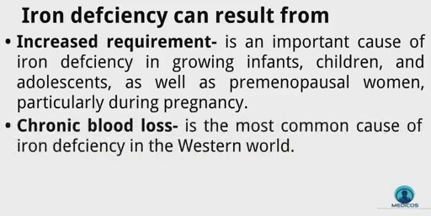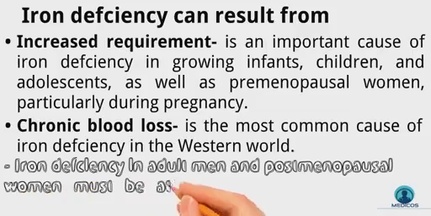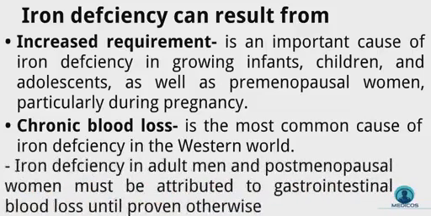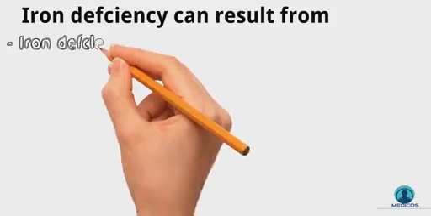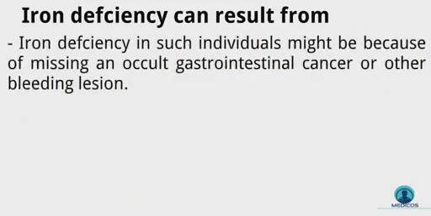External hemorrhage or bleeding into the gastrointestinal, urinary, or genital tracts depletes iron reserves. Iron deficiency in adult men and postmenopausal women must be attributed to gastrointestinal blood loss until proven otherwise. To prematurely ascribe iron deficiency in such individuals to any other cause is to run the risk of missing an occult gastrointestinal cancer or other bleeding lesion.